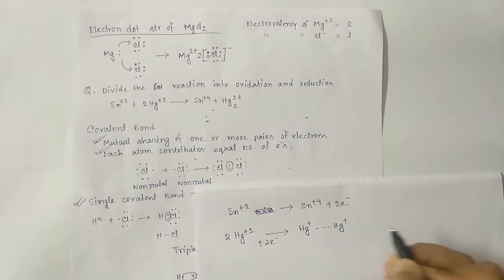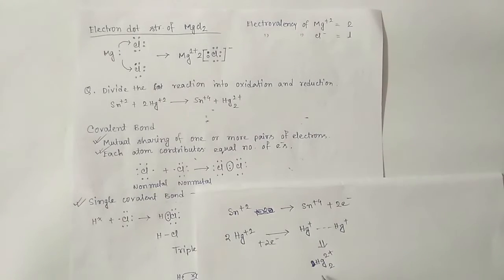This can be written as Hg2^2+. As there are 2 Hg atoms, each with a positive charge, its charge will be 2+.